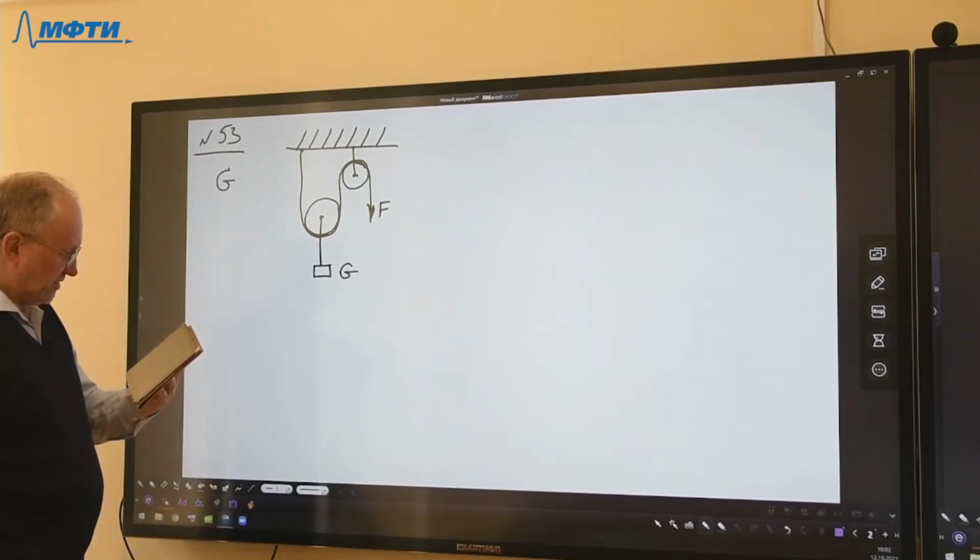What force F should be applied to the end of the string?